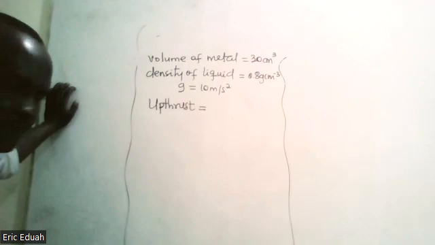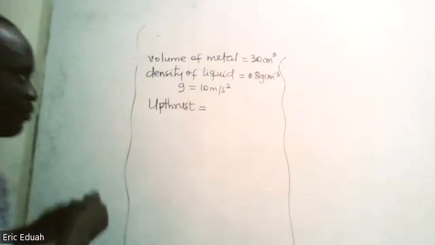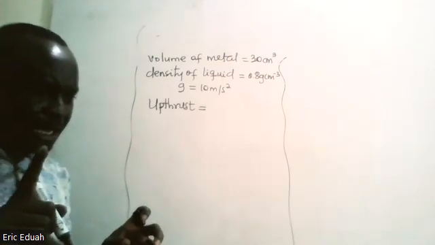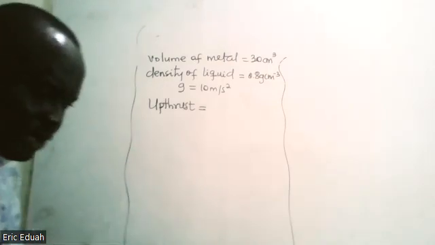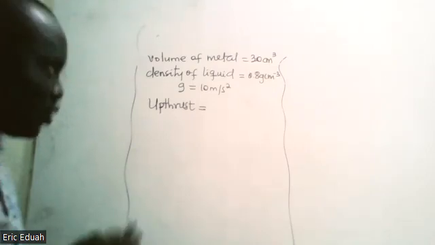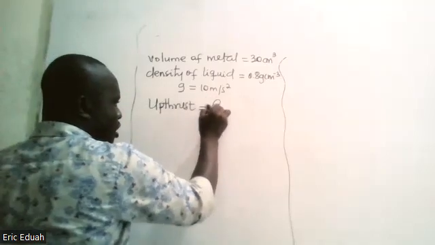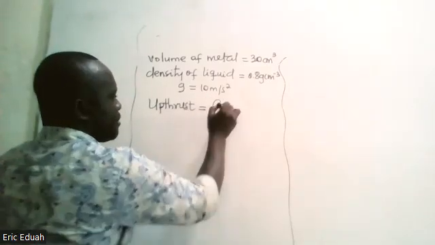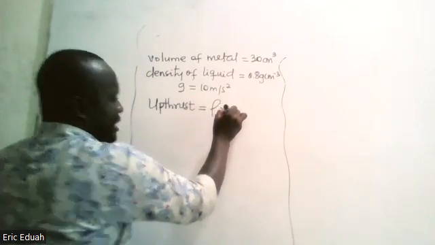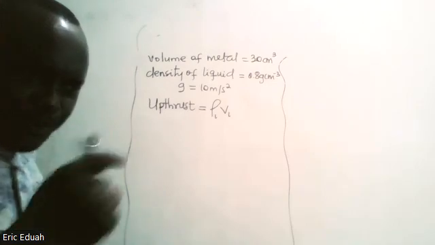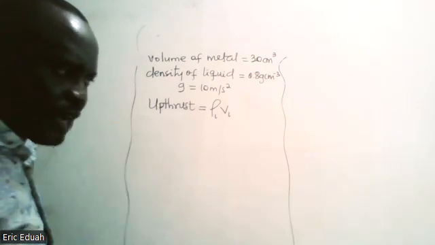Upthrust is equal to the density times the volume times gravity. Be specific, Akosia. It's equal to, upthrust is equal to the density of the liquid. Good. Times the volume of liquid displaced. Very important.